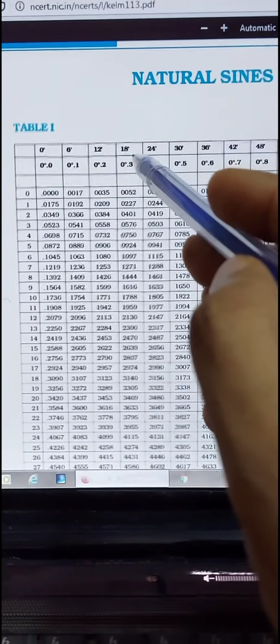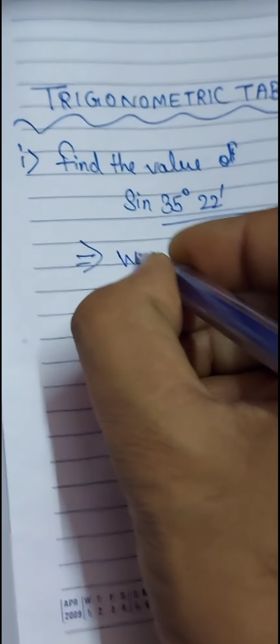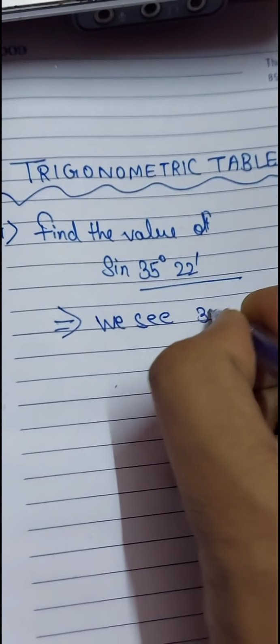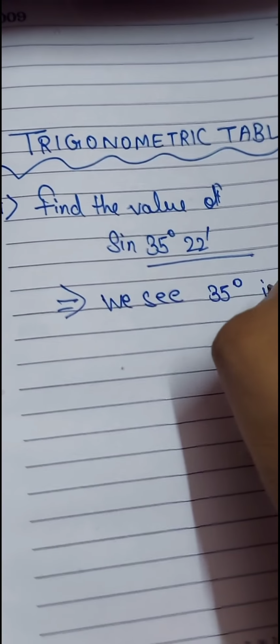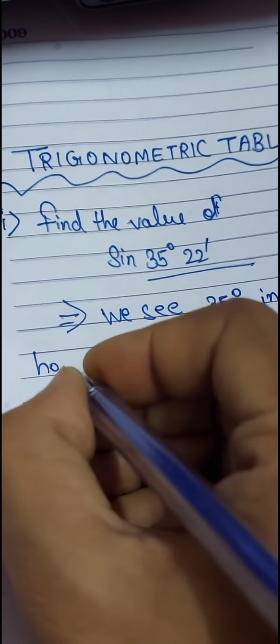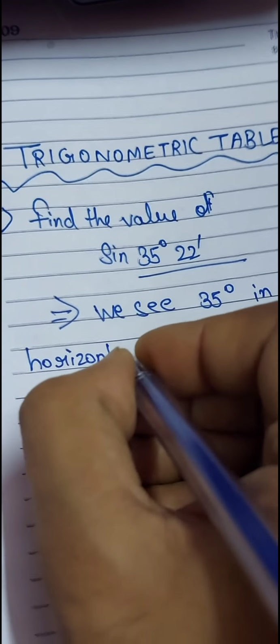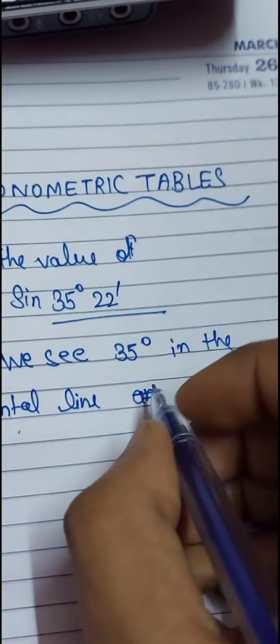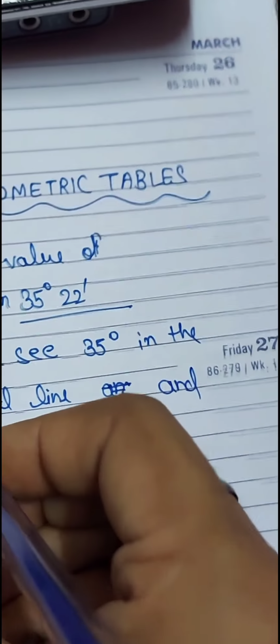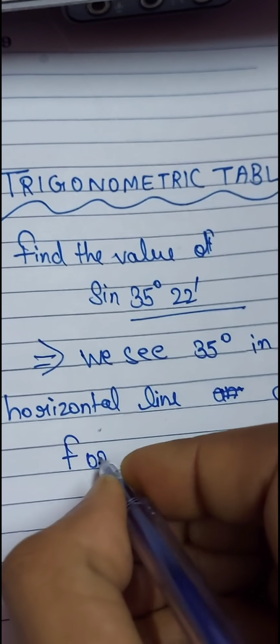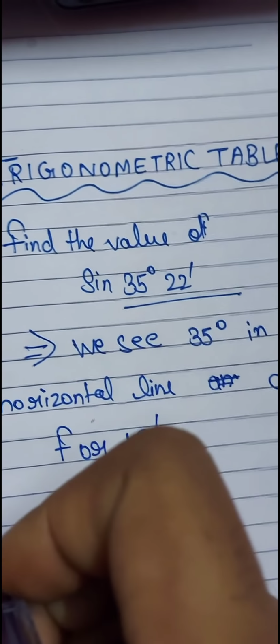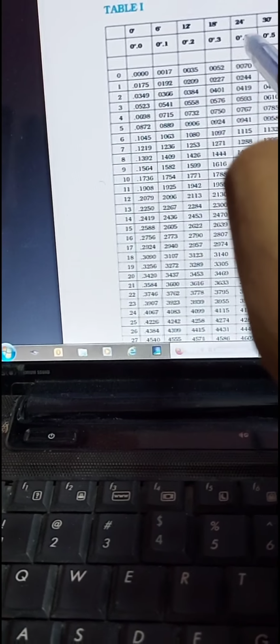So what we will do is look at 35 degree in the horizontal line, and take 18 minutes. Why? Because here we have 0 minute, 6 minutes, then 12 minutes, then 18 minutes, and after 18 minutes we have 24 minutes, and 24 minutes is greater than 22 minutes.